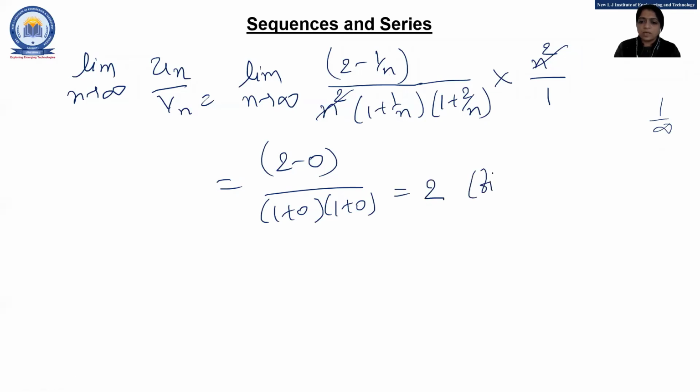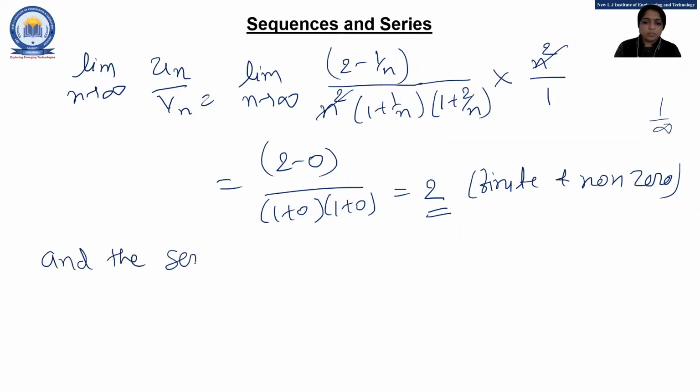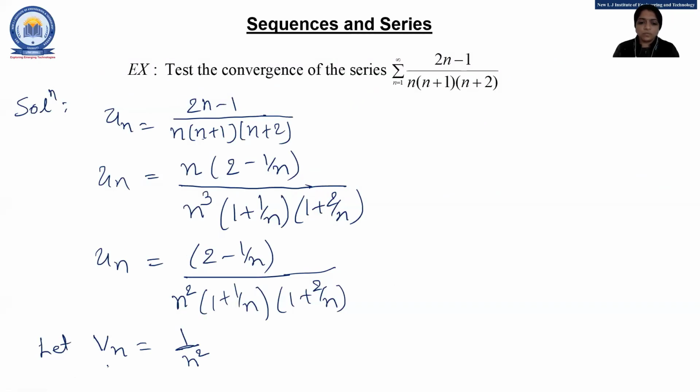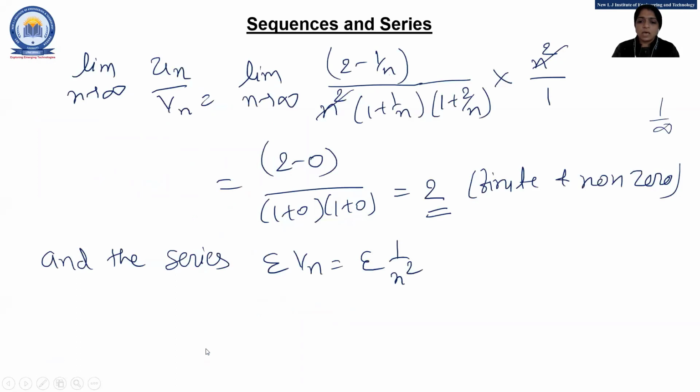2, which is finite and non-zero. As the limit as n tends to infinity of un upon vn is 2, which is finite and non-zero, the series summation vn, that is summation 1 upon n square, is convergent.